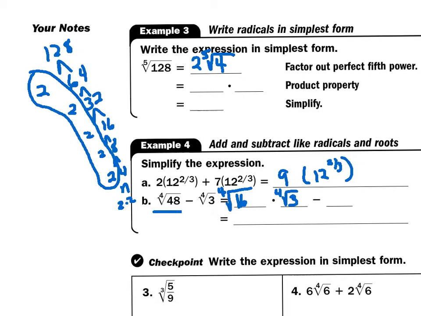Because I know that the 4th root of 16 is 2 times the 4th root of 3, sorry. And then I still have my 3 here to the 4th root.